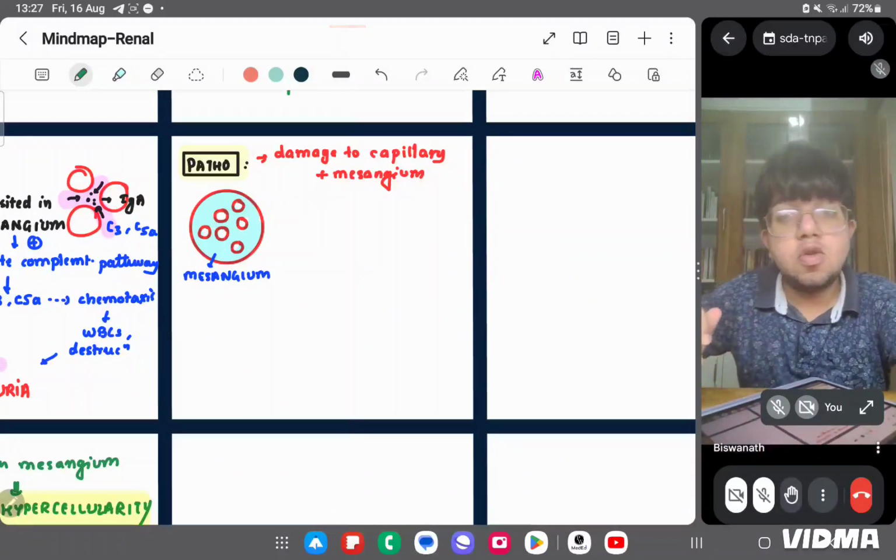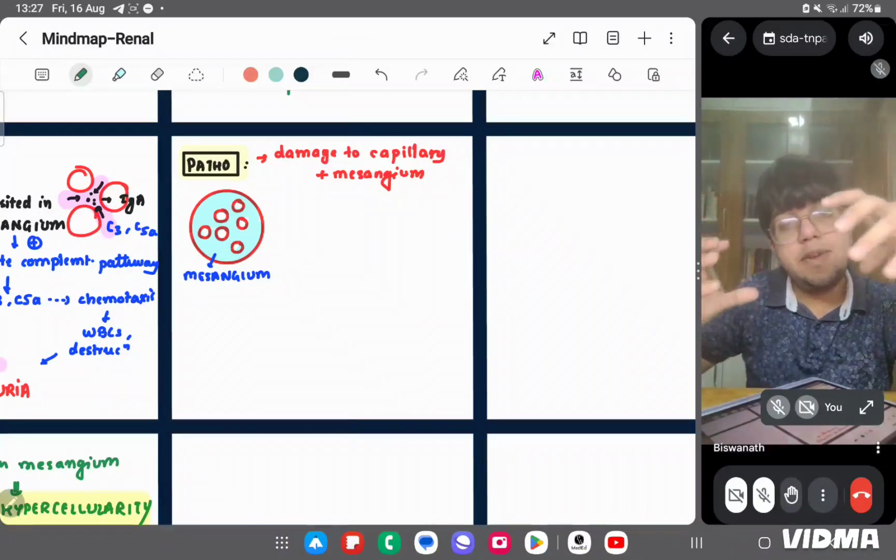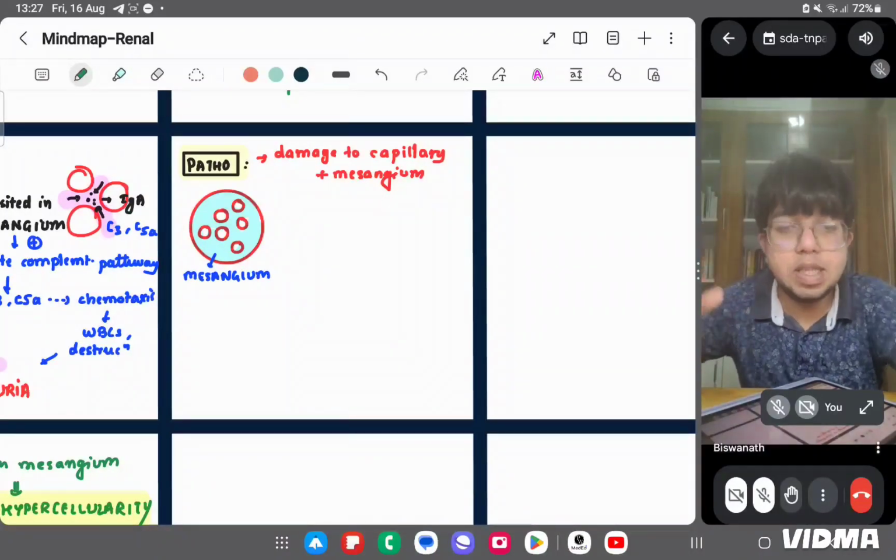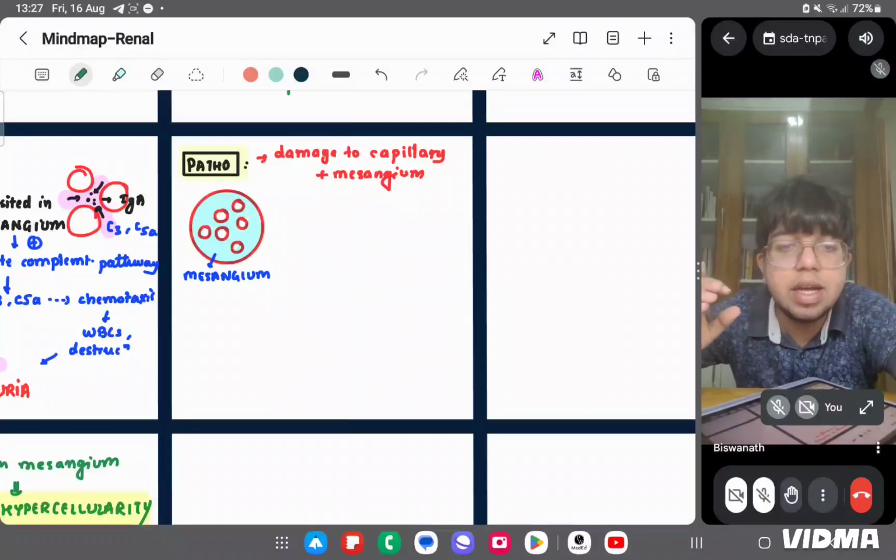What happens is that due to inflammation and fibrosis, this mesangium will condense and crack.